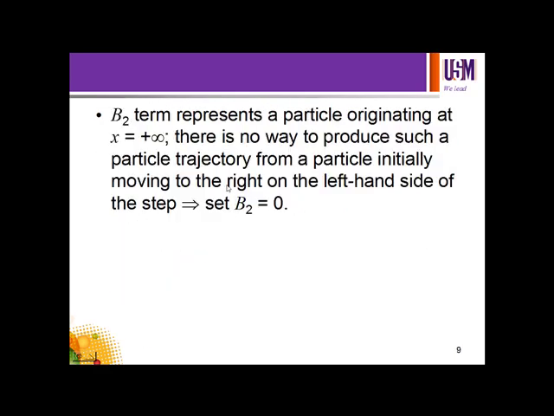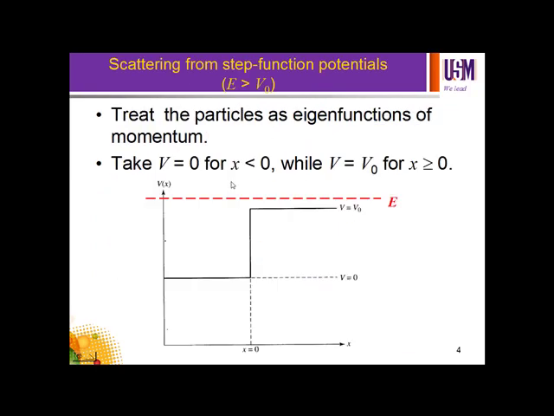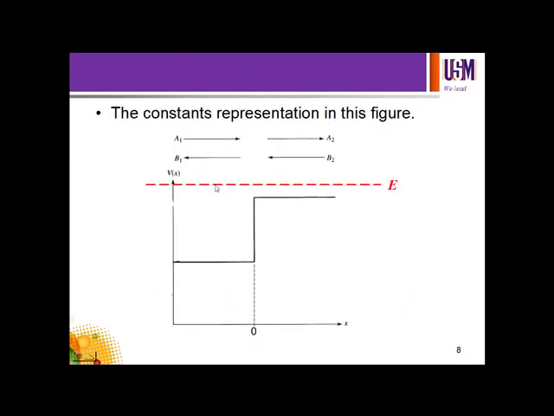Classically, looking back at the diagram here, at high E, with E higher than V naught, a particle should pass right through, moving from left to right.